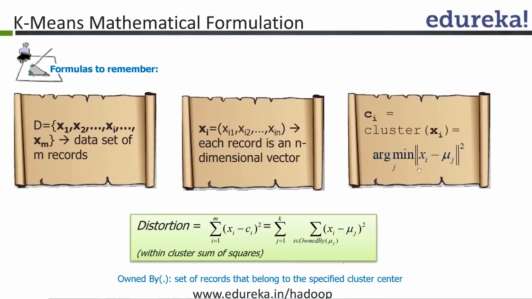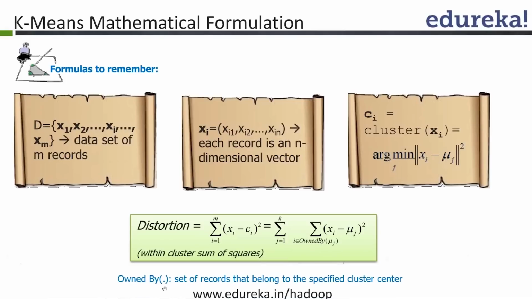Okay, and now if you plug in this definition of Ci into this equation, you get something like this. Okay, intuitively, you can work out the math, but let's understand what this exactly means. Here I have a summation from j equal to 1 to k across all the k centers. For each center, I have something called owned by. Given a center, it tells me all the points that are associated with it.